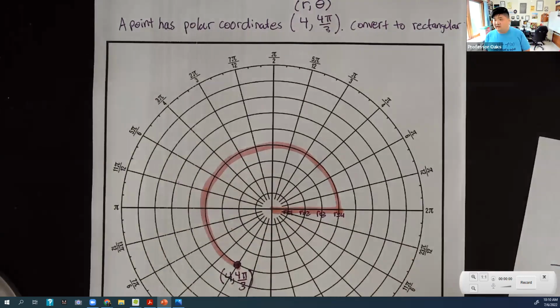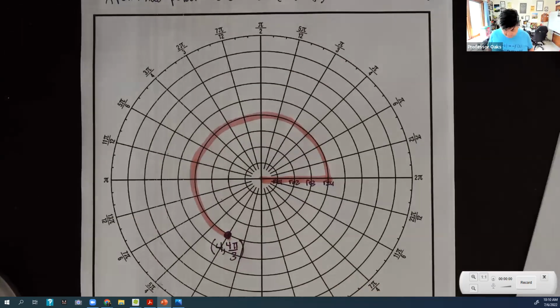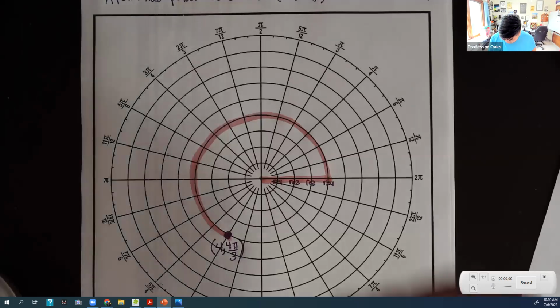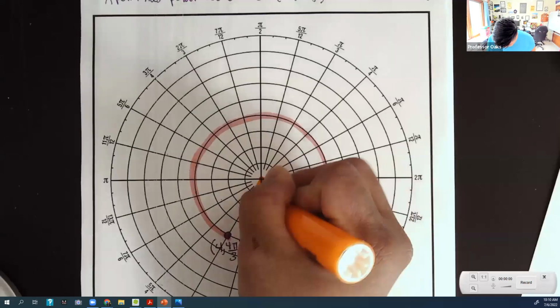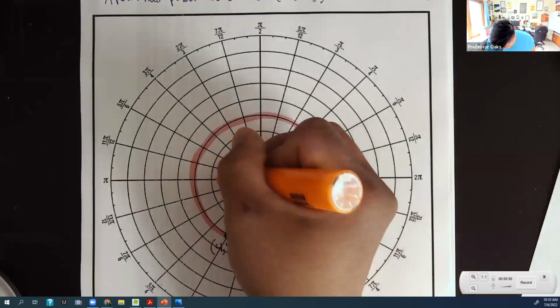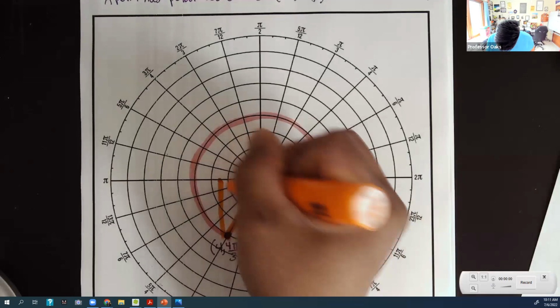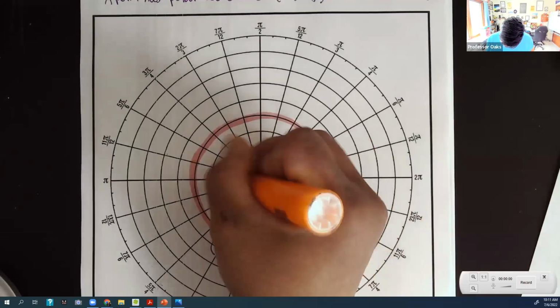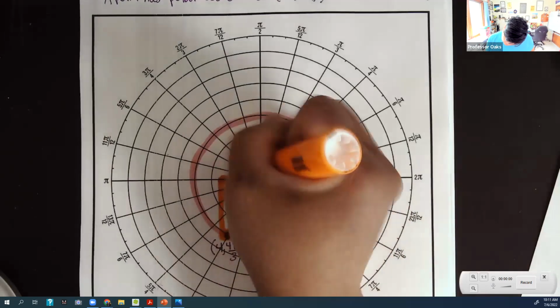Now, what happens is, if you can see everything on the graph, like I was saying, here's the triangle that I'm talking about, the same triangle.